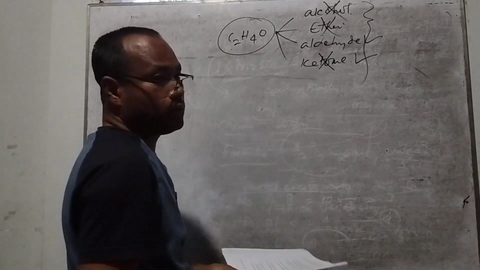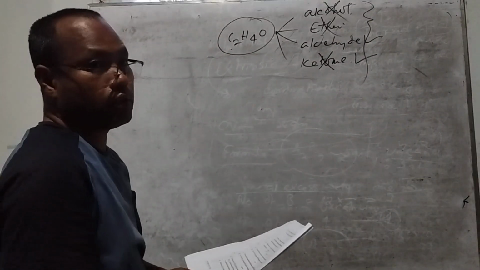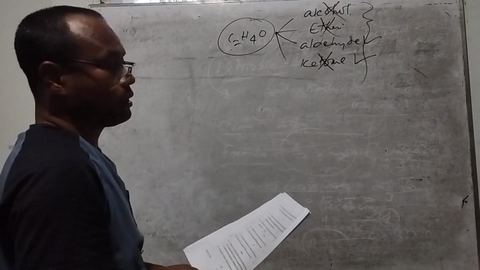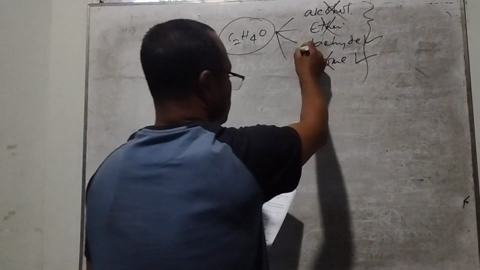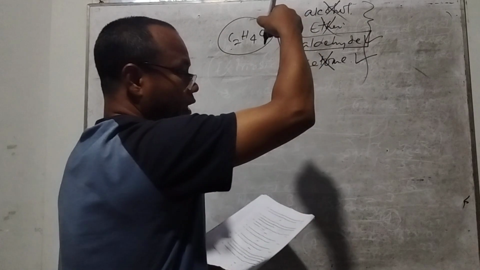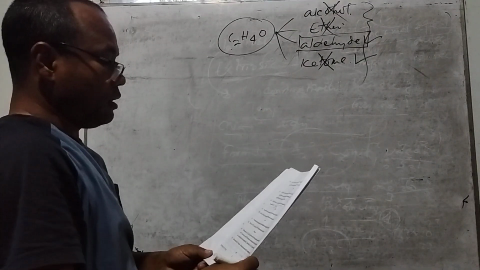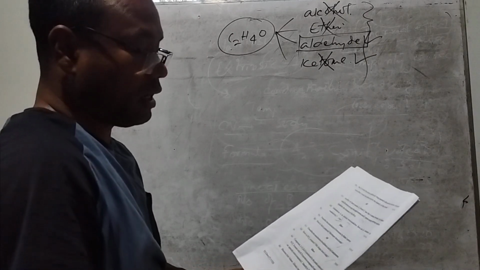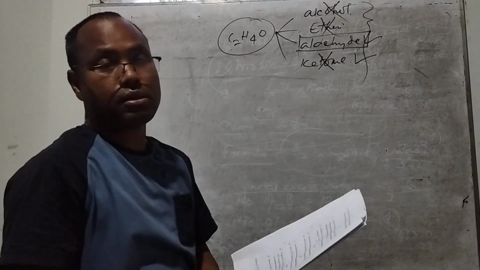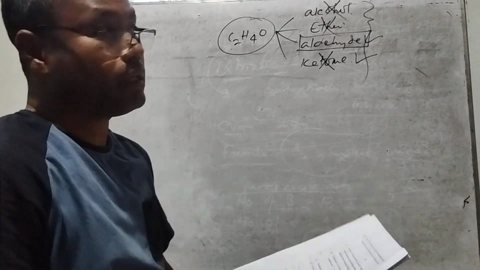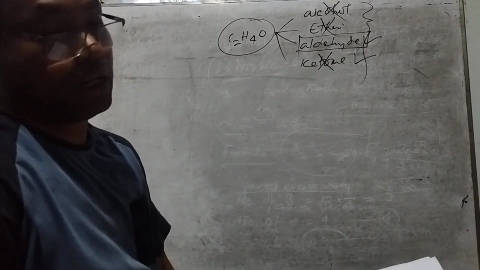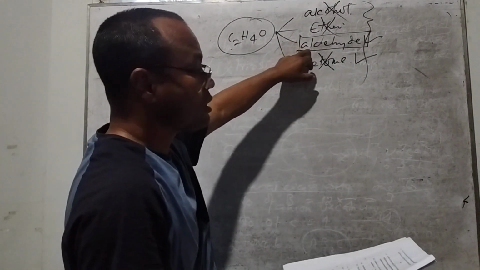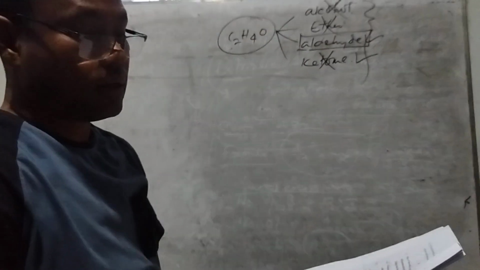So the compound should be the aldehyde. The second thing is that it reacts with hydrogen cyanide, a reagent which reacts only with aldehydes or ketones. Now we confirm that this compound is an aldehyde.